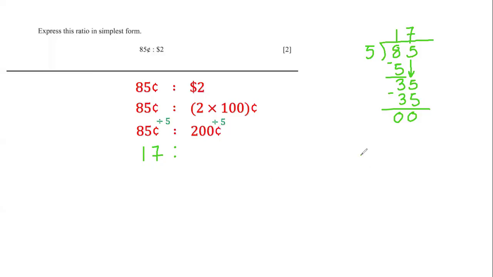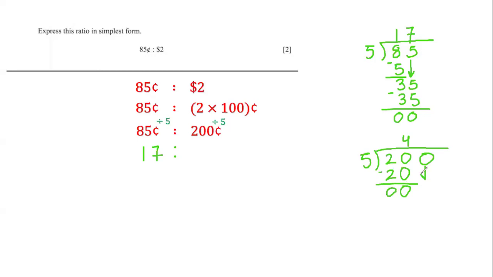So we have 5 into 200. How many times is 5 going into 20? That's going to be 4 times. 5 times 4 is 20. And we say 20 minus 20 is 0.